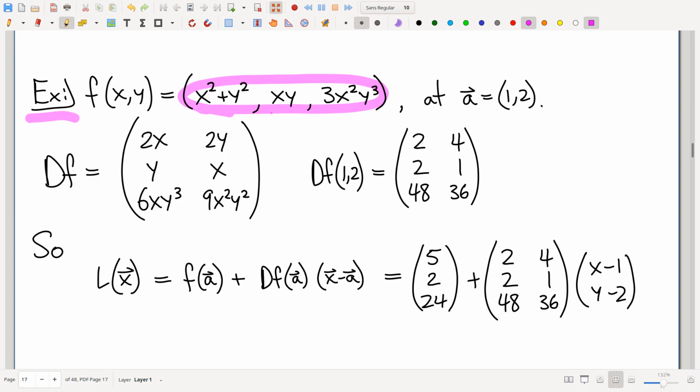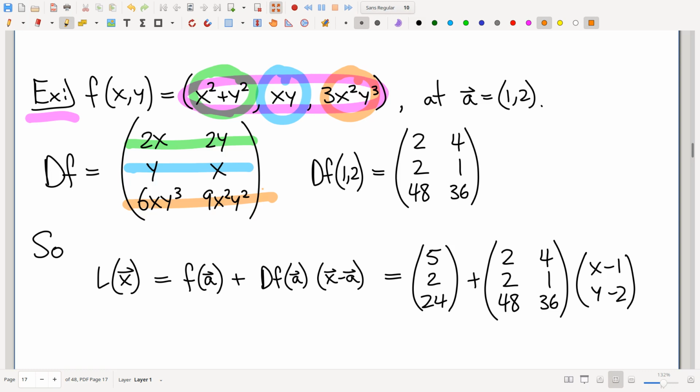So each one of those corresponds to a row, not a column. The partials of that go here, and the partials of that go here, and the partials of that go here. Don't accidentally transpose it. Again, it's really easy to mess that up.